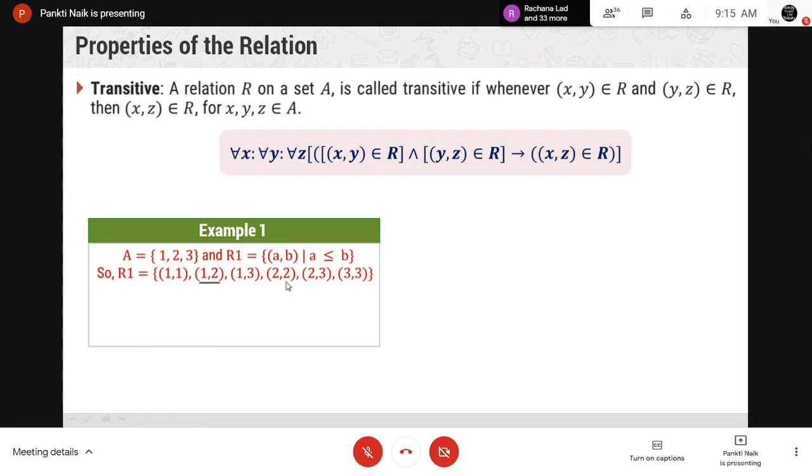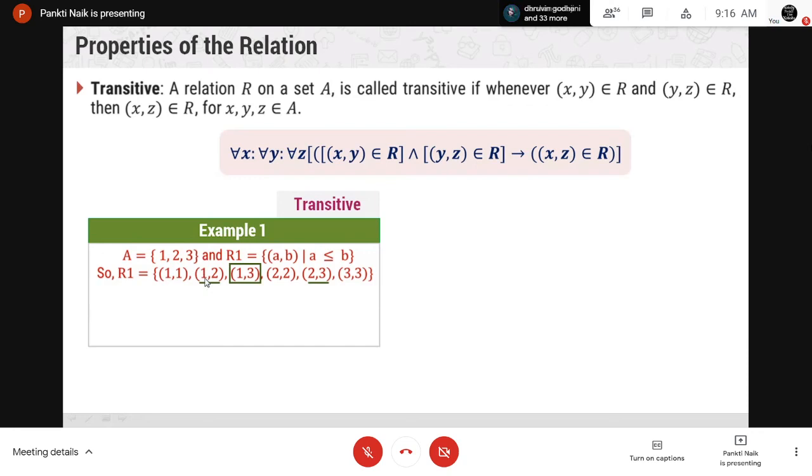Okay, so now let us check whether this condition is fulfilled or not. Take (1, 2) and (2, 3). In (1, 2), 1 is x and 2 is y, so (x, y) is a member of R, and (2, 3) is also a member of relation R. Now let us check whether (x, z) is also a member of relation R1 or not.